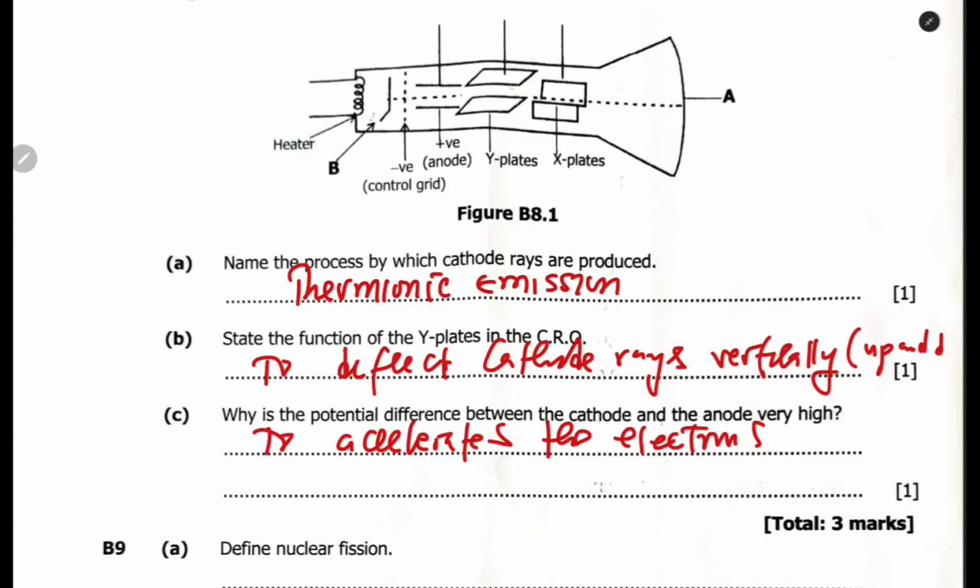Okay, so that is the reason why the potential difference between the cathode and the anode is very high, to accelerate the cathode rays. Cathode rays, you know, are the electrons.